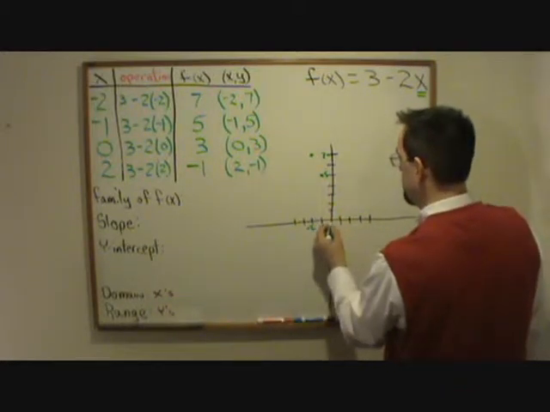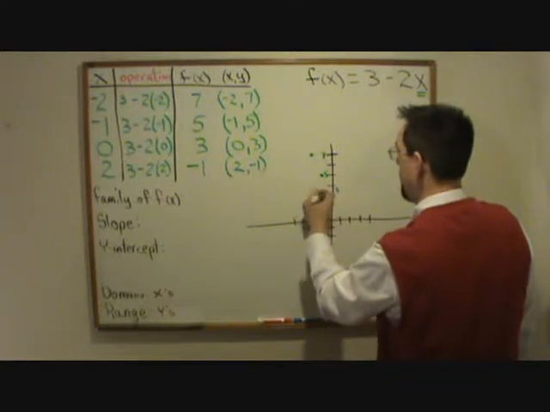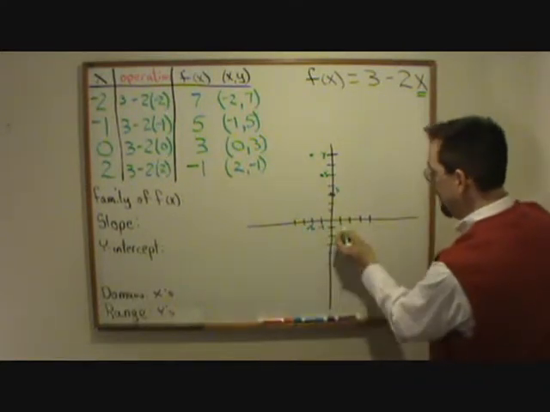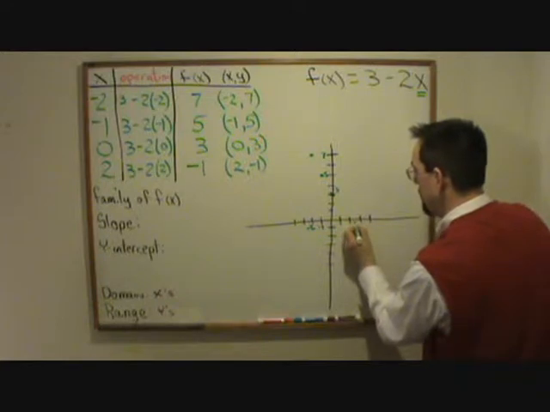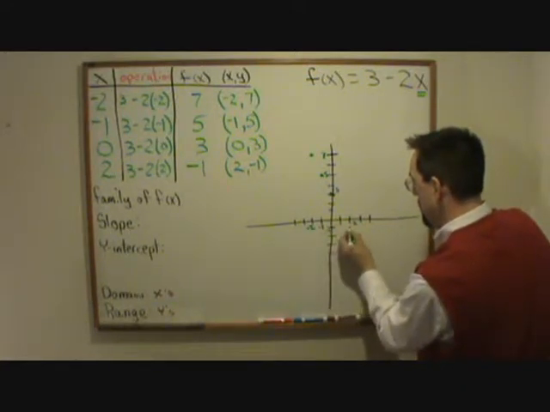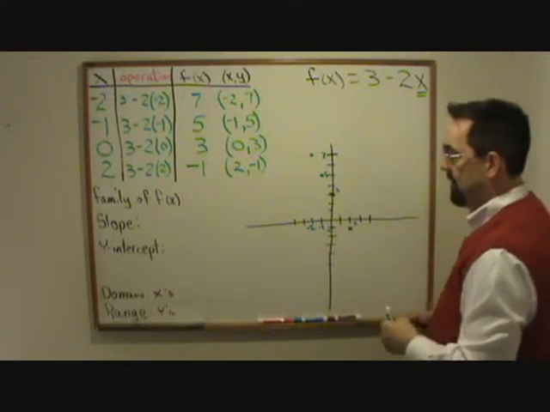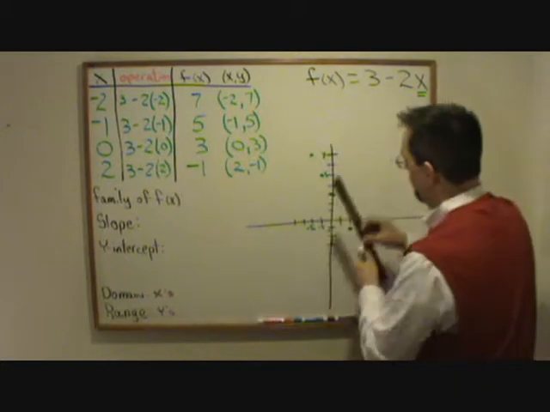Third one, 0, 3. And our fourth one will be at positive 2, minus 1. Let's see what kind of a shape we've created here.